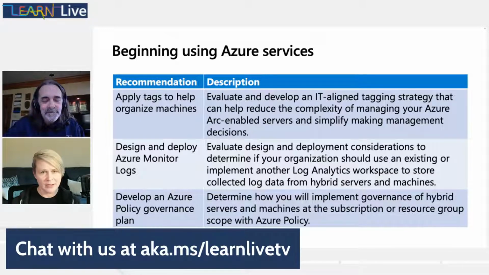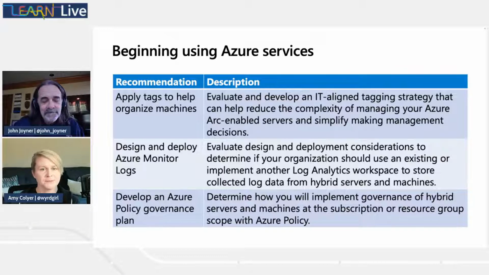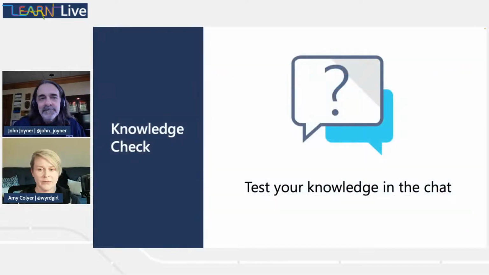So we already said apply tags to help organize. You can use logs or a Log Analytics workspace to collect data to help you do your update management. Azure Policy for governance. I think the key takeaways for this lesson were to know how to create that service principal, and then how to take that at-scale script and put that service principal information in there.